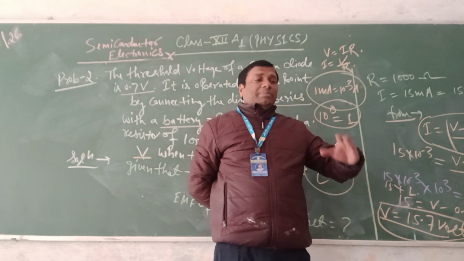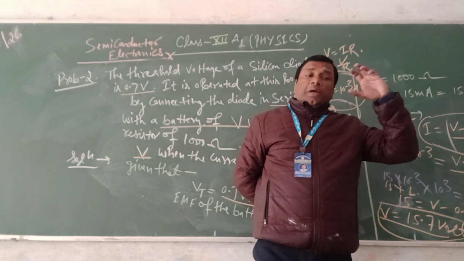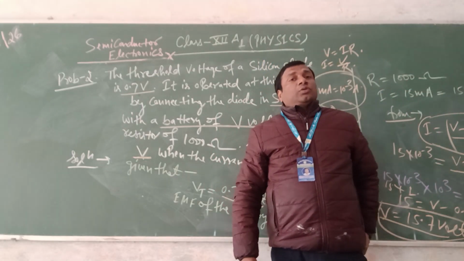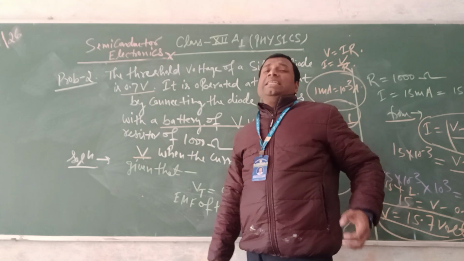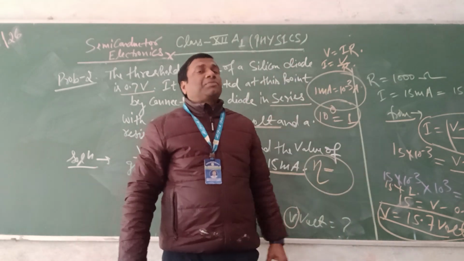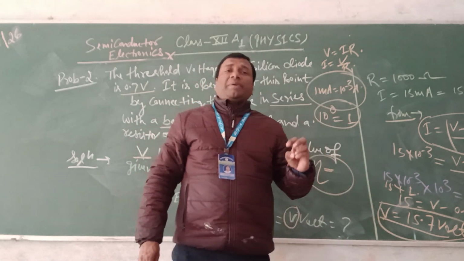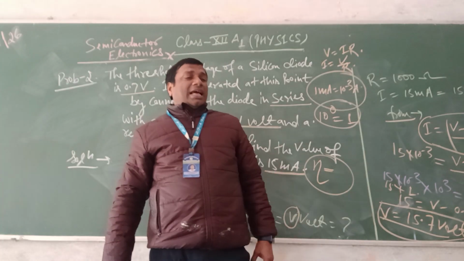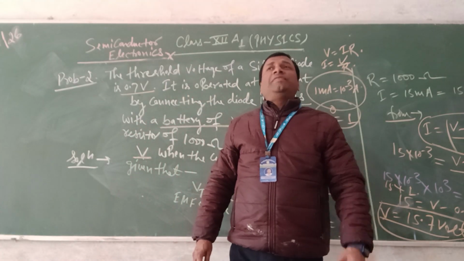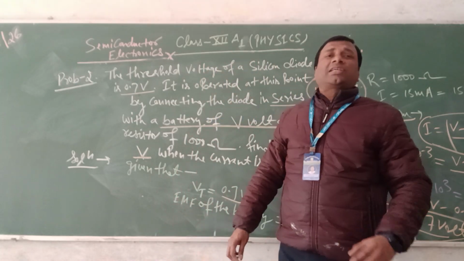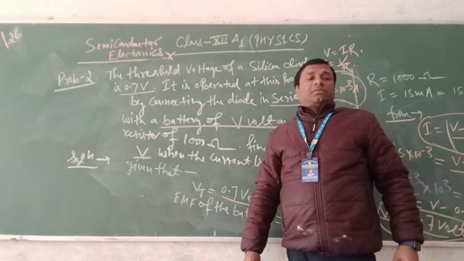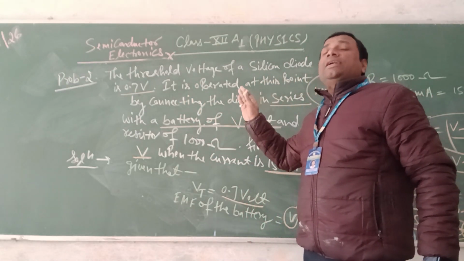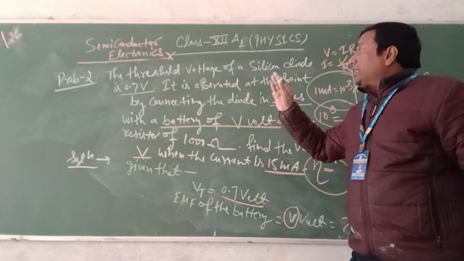The chapter is related to materials, devices and simple circuits. We have already studied semiconductor types, band gap energy, forbidden energy gap, intrinsic and extrinsic, as well as devices: rectifier, half wave rectifier, full wave rectifier, semiconductor diode. All of you have to learn all these formulas and topics related to this chapter.